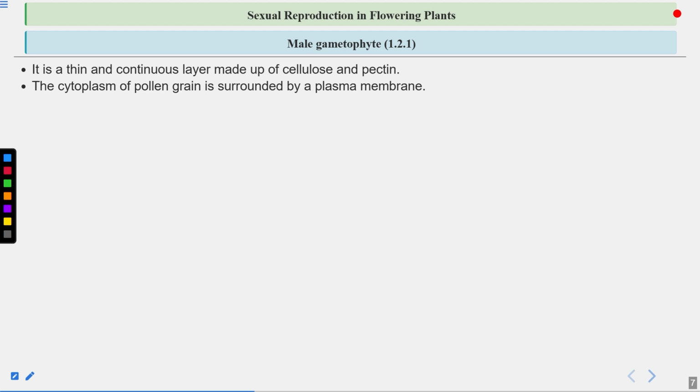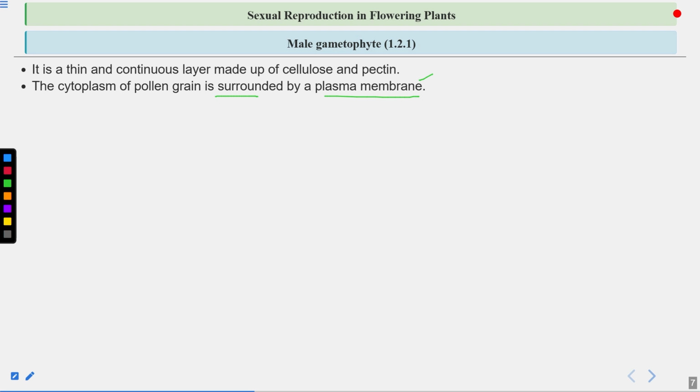The cytoplasm of the pollen grain is surrounded by the plasma membrane. Now, just inner to the intine, there is a plasma membrane or a cell membrane. They have a good amount of cytoplasm in the pollen grain, right?